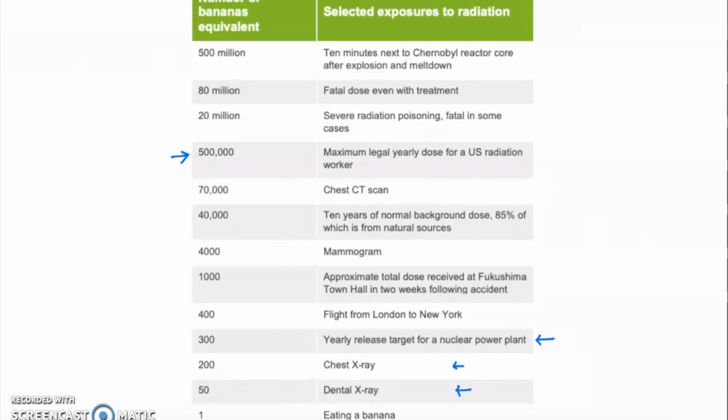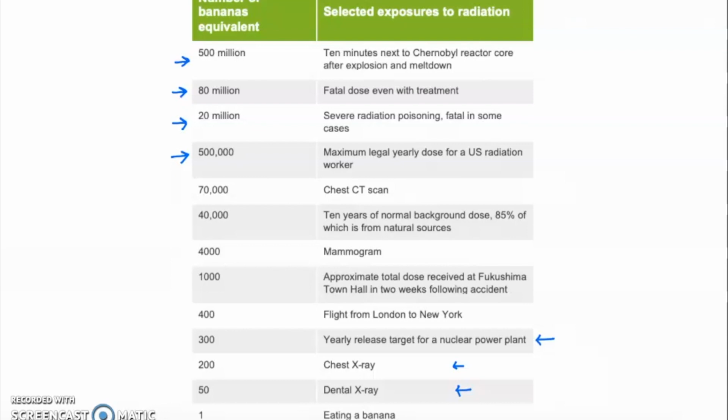For perspective, if you piled up 20 million bananas, you could get some severe radiation poisoning, fatal in some cases. 80 million bananas worth of radiation is definitely fatal. And whoa, 10 minutes next to the Chernobyl reactor core, right after it exploded, was 500 million bananas worth.